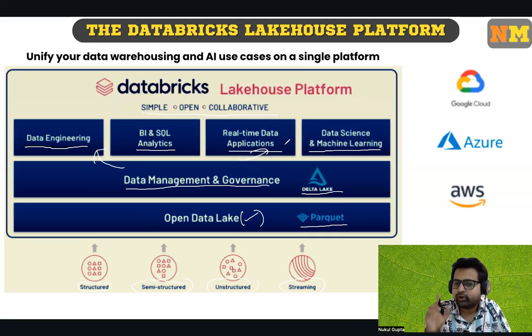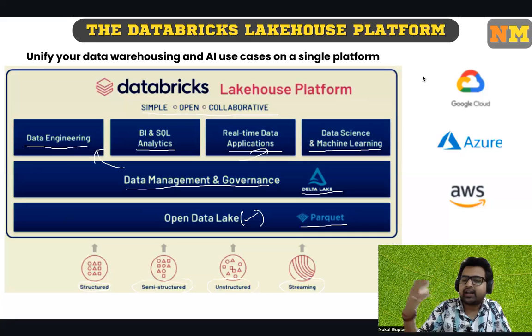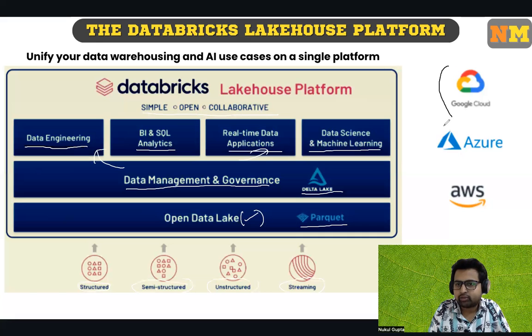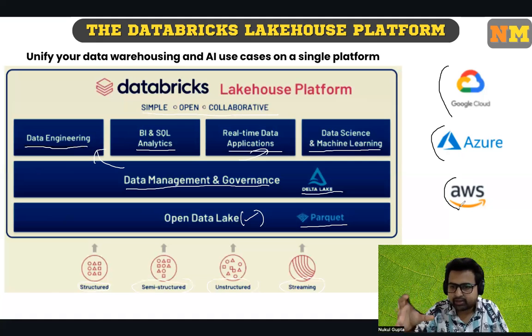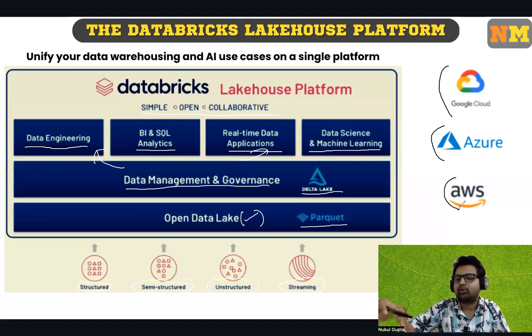Also, one more very interesting feature of the Databricks Lakehouse platform is that it supports data ingestion directly via cloud. It supports Google Cloud, Azure, and AWS. So you can have Databricks inside Google Cloud, inside Azure, and inside AWS.